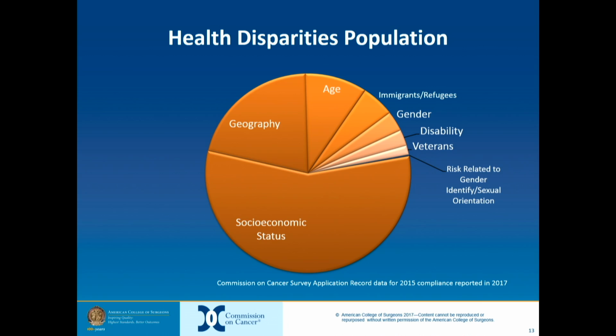Also, a large portion of our programs are focusing on geography, and I think that has to do with our true commitment to accrediting programs that provide care near you. So many of our programs are smaller programs in rural areas. Other populations of disparities that are identified are listed here: age, immigrants and refugees, gender, disability, veterans, etc.